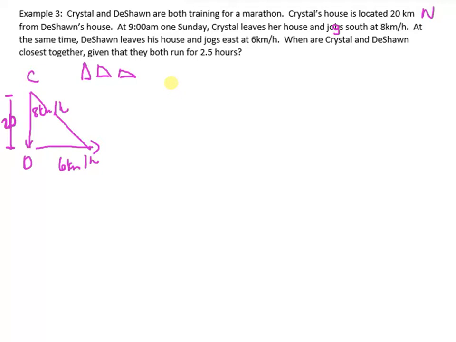Okay, so if Crystal starts at point C, she reaches this point right here. Let's call it E, after T hours.